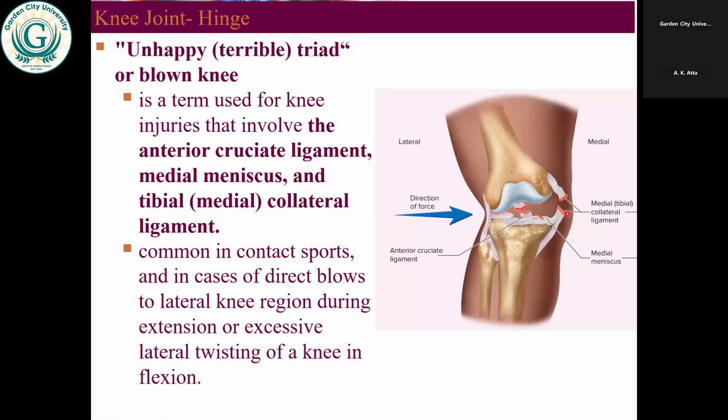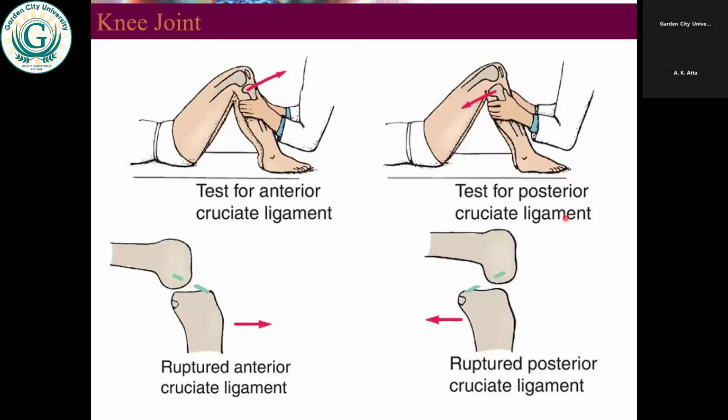The medial collateral ligament, there is a tear, because if you look, it's not in contact with the lateral meniscus.